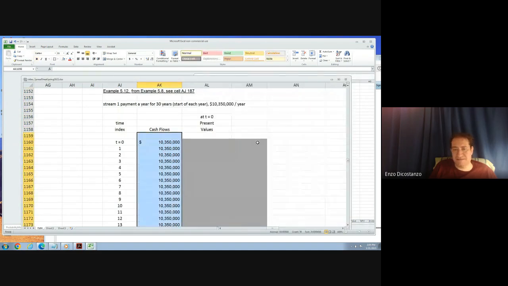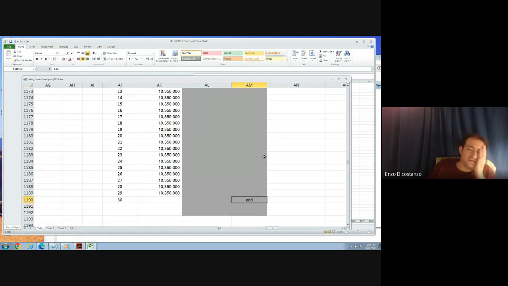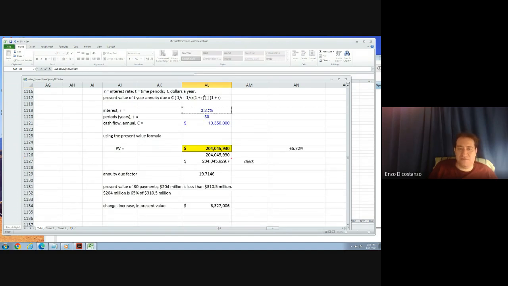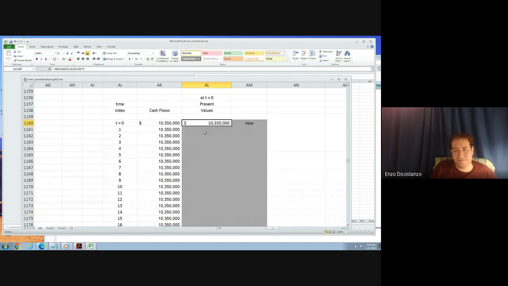This is the end of our 30th period. This is simply this divided by. If you just do a present value, just do a table, you'll never go wrong with anything that we're looking at here. This is the formula.